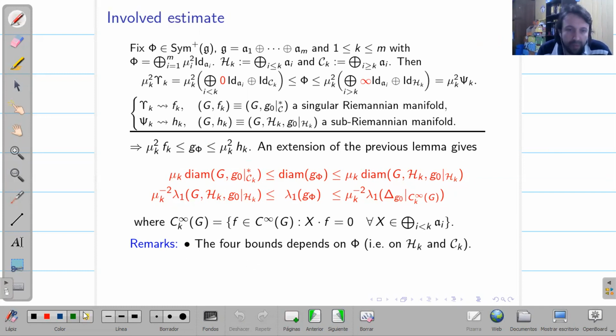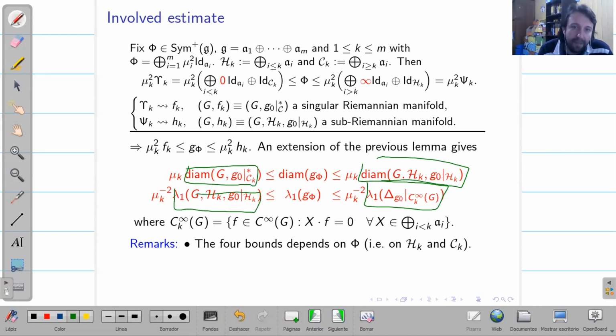So there are two remarks here. The first is that these four bounds depend on phi. Remember, we fix a left-invariant metric, which is the same as fixing a positive definite symmetric map. We fix this, and it has some decomposition, and these numbers depend on this decomposition.